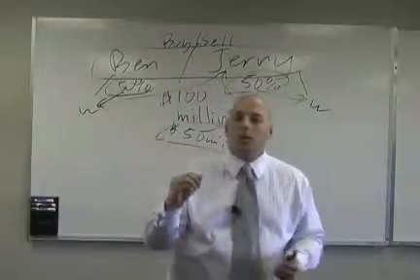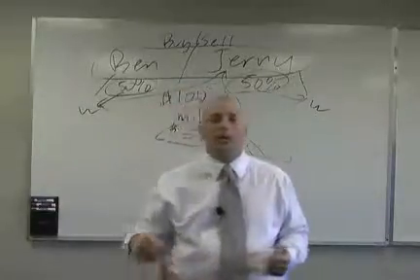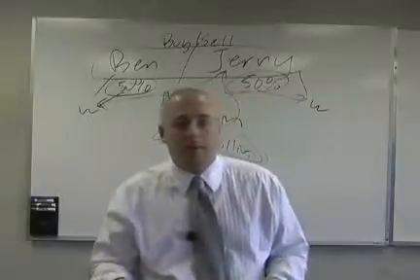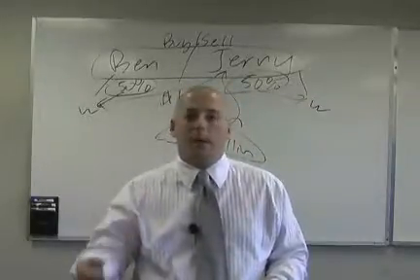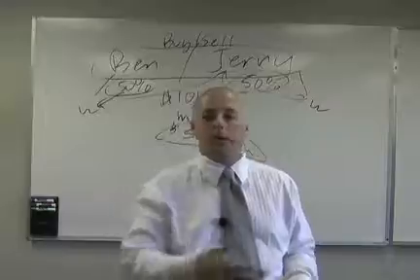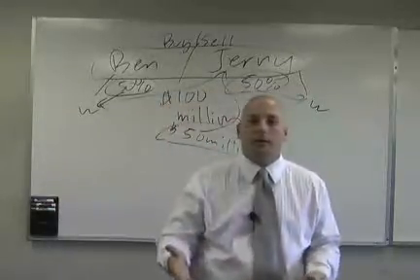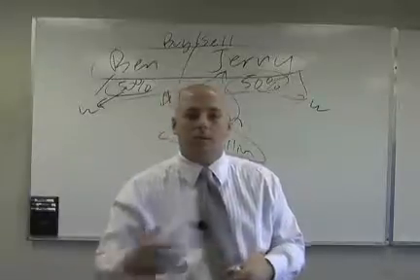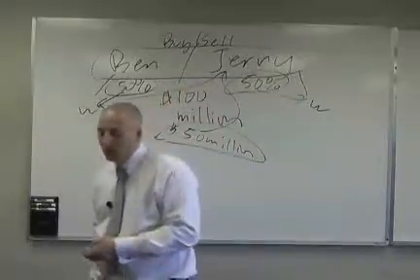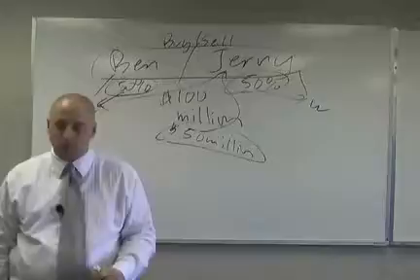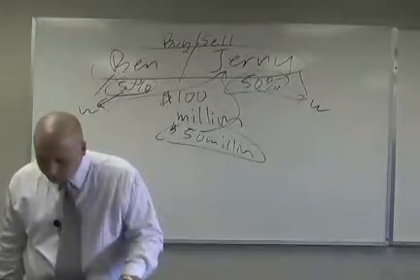So the employee is the owner of the policy. However, the employer pays the premium for it. And the beneficiary would be the employee's spouse. And if the employee ever left the company, then they would just take that policy with them and go on. So that's where you would see an executive bonus used related to life insurance.